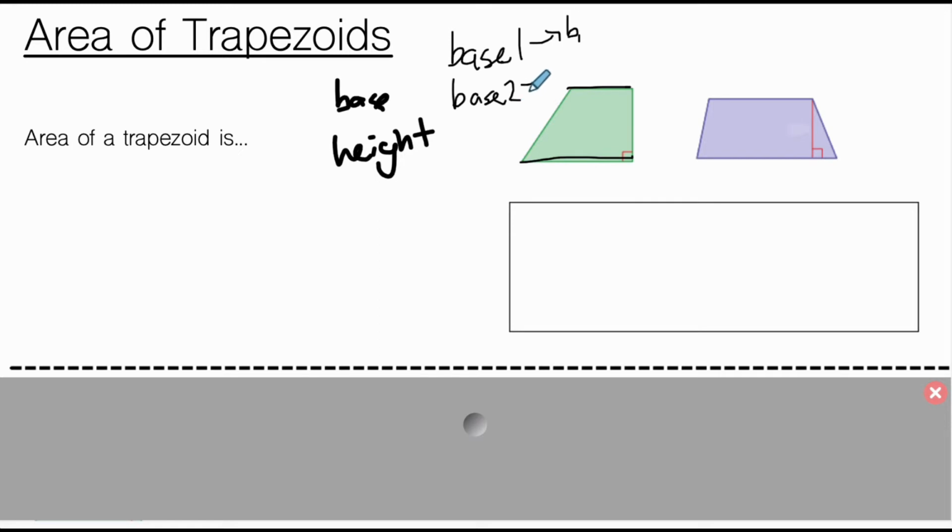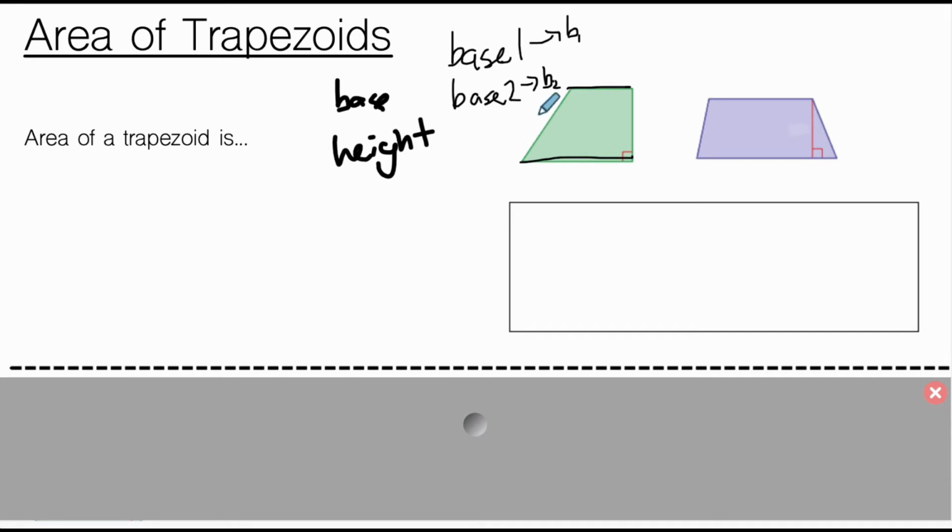And base 2 will be written with a B and then a little tiny 2. Those little numbers are not actually numbers. They're not exponents, they don't do anything. They're just there to distinguish B1 and B2. They're just labels. We can't call them both just base.